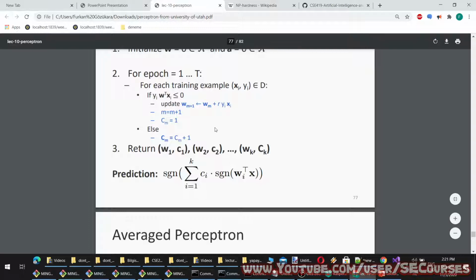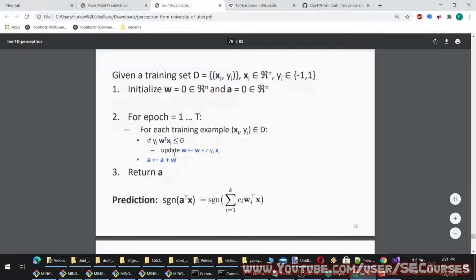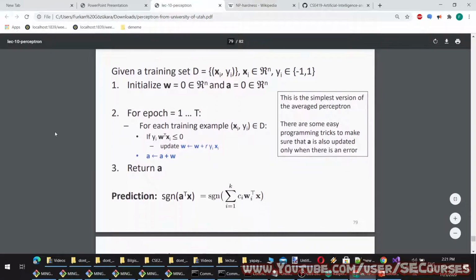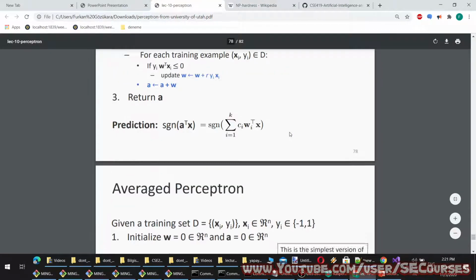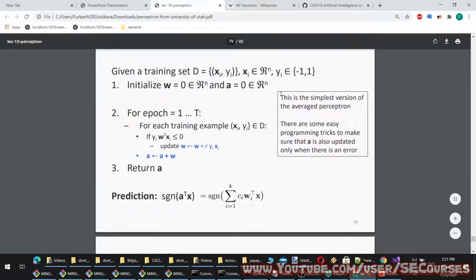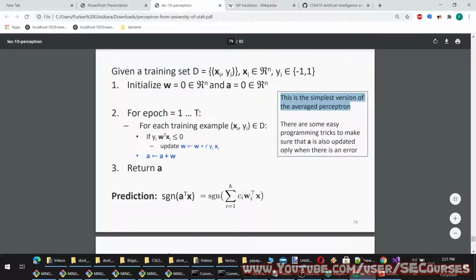The difference of averaged perceptron is, instead of keeping weights of every, let's say, training example for every epoch, every iteration, we keep the average of the weights this time, and therefore we use a lesser amount of memory, and this is, I think, more generalizable. This is the simplest version of the averaged perceptron.